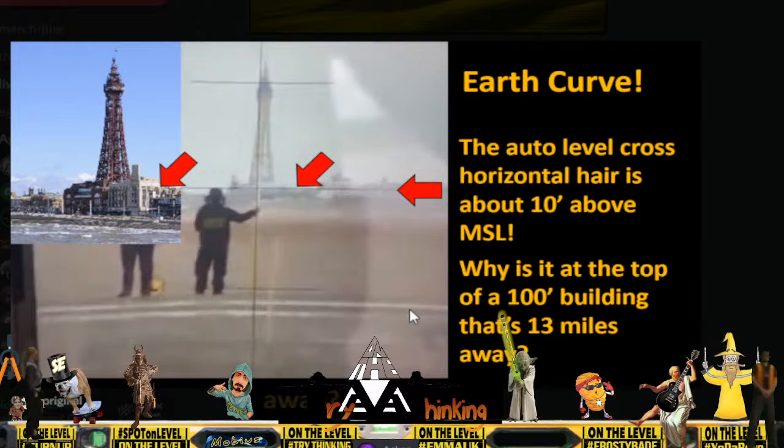All of the elevations are referenced to mean sea level, which is down at Newlyn. I got that one right. Newlyn, down south.